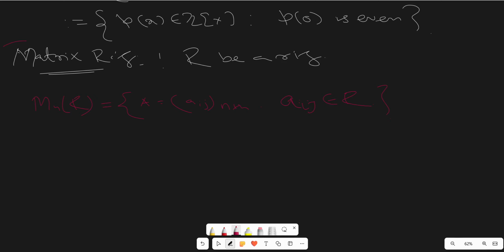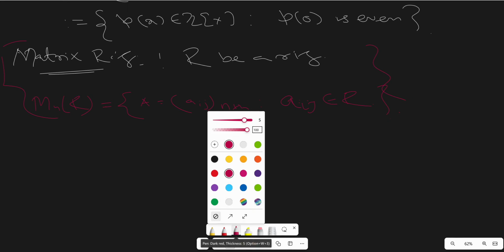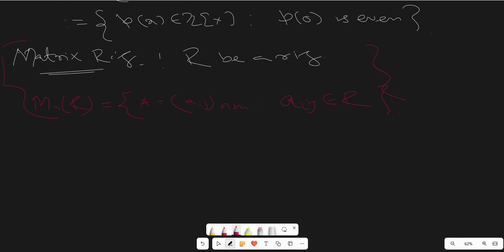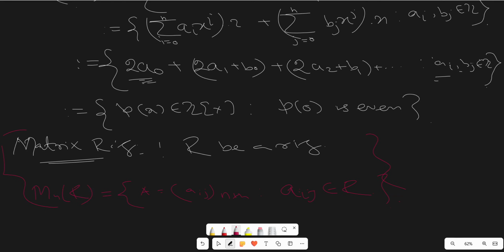So this is the definition of a matrix ring, and I will not define more here.